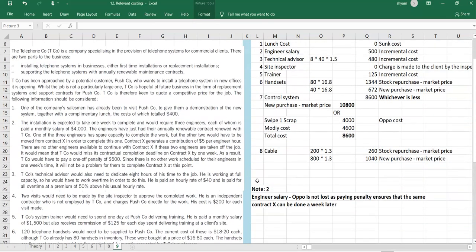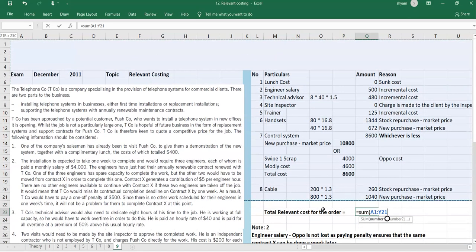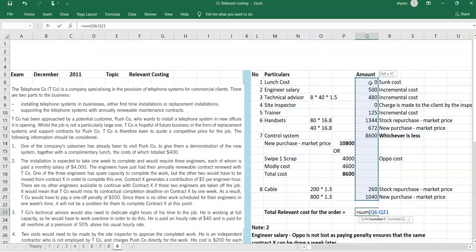So we can finally get the total relevant cost for the order. So that would be 13021.